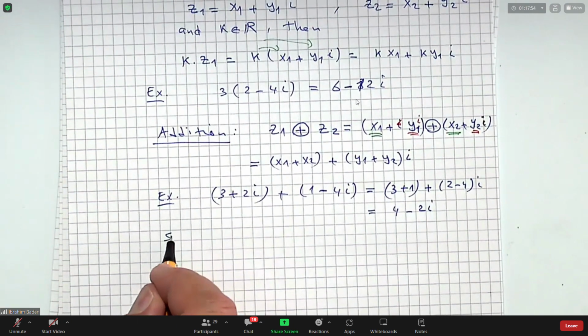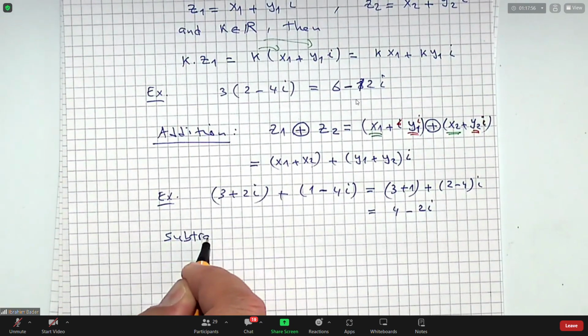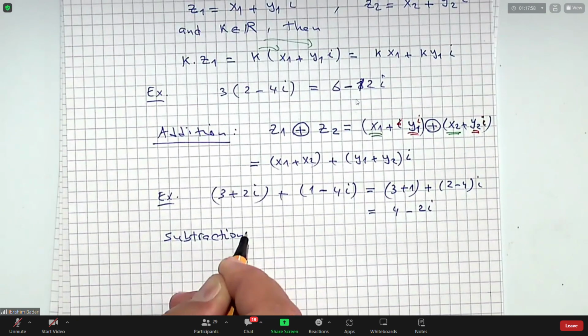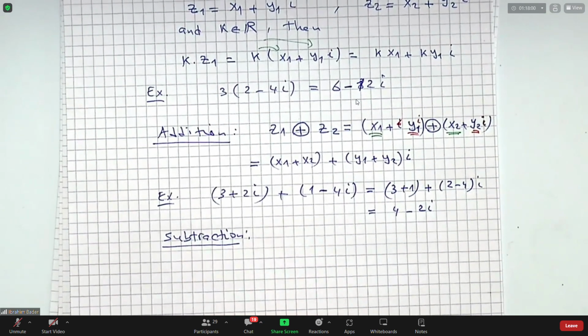Subtraction is similar. The only difference is that addition is commutative. That means if I flip the order of Z1 and Z2, this will not do any harm to the output. However, if you have subtraction, then the order matters.